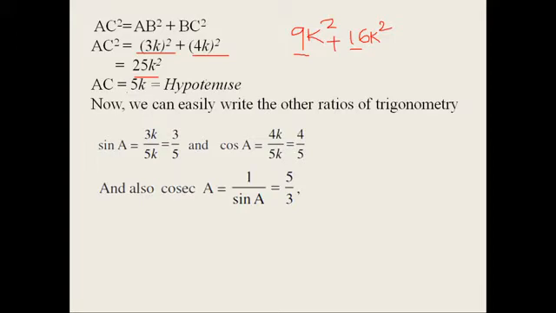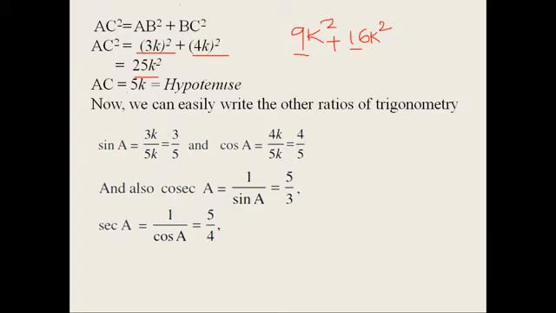Reciprocal means 3 by 5 becomes 5 by 3, the multiplicative inverse. Sec A is equal to 1 by cos A. So 4 by 5 becomes 5 by 4, the multiplicative inverse of cos A. That's why sec A is equal to 5 by 4.